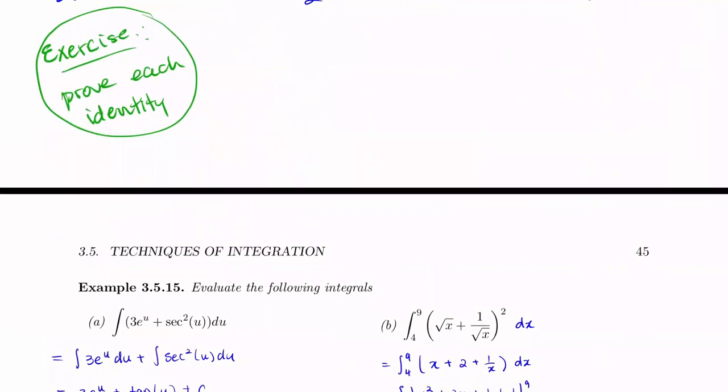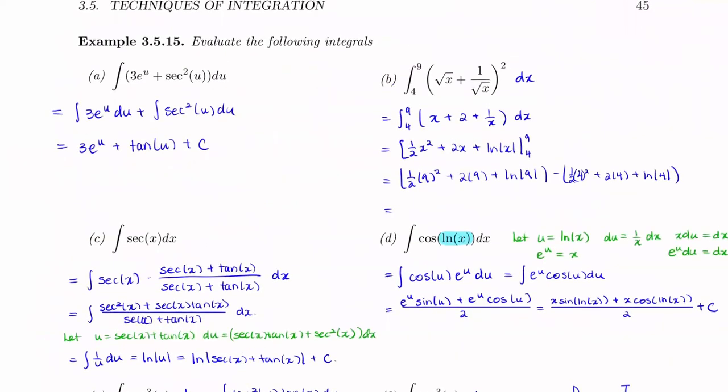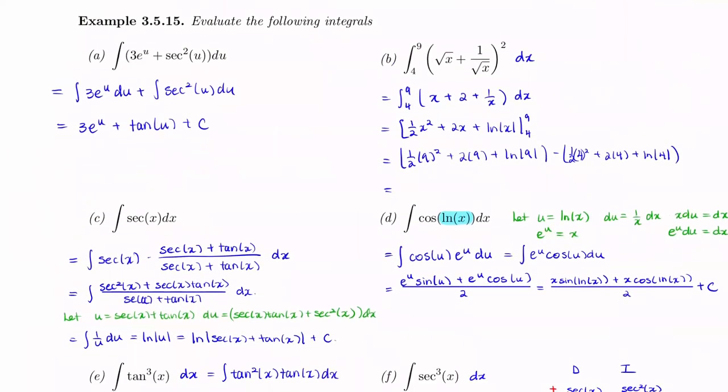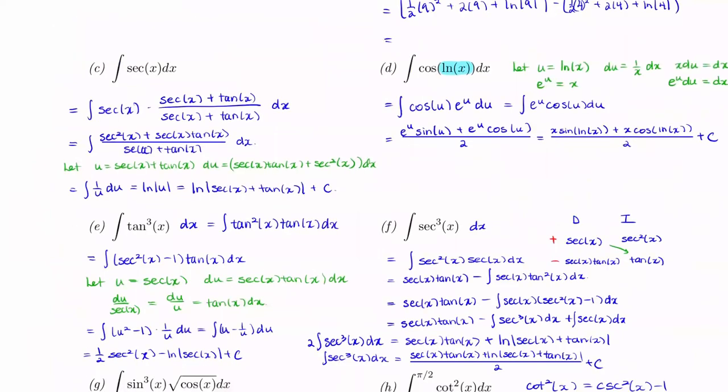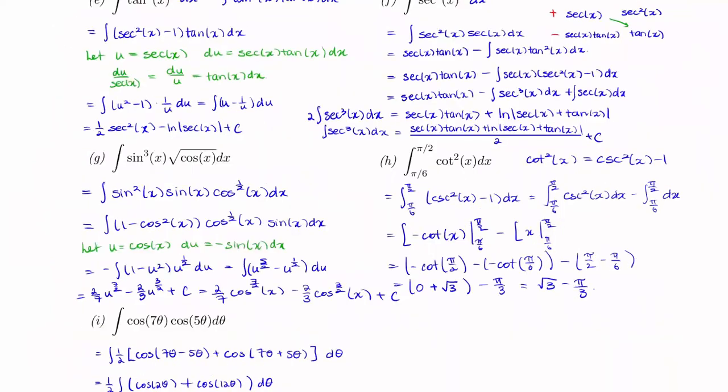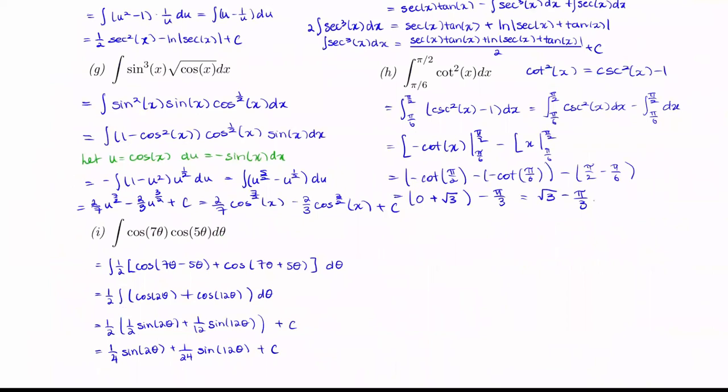We also looked at some techniques of integration practice exercises, which were covered in the second half of the last lesson. If you want to review how the steps are done, feel free to check out that video.